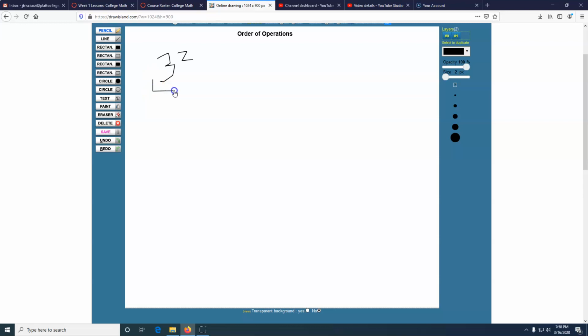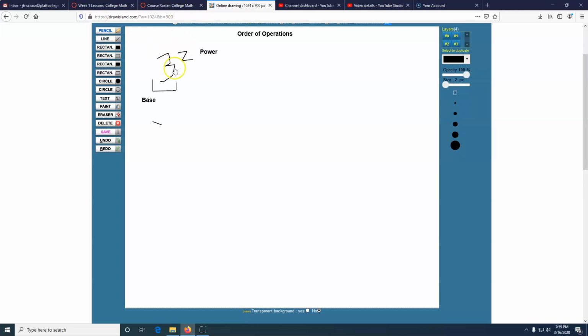And so what we have here is 3 is considered what is known as a base number. And the exponent, or sometimes called the power, is going to tell us how often we actually need to apply this operation.